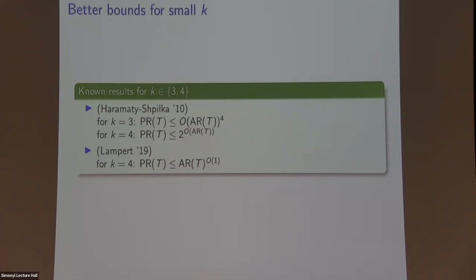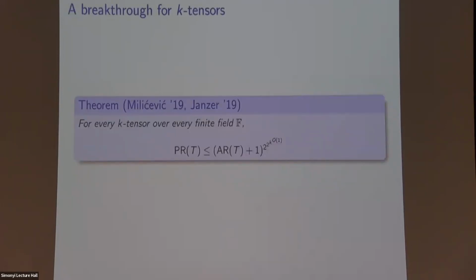But the big question remained, what happens for k tensors? Is there a polynomial bound of the partition rank in terms of the analytic rank for any k? That was the big question, and there were two breakthrough results by Moshkovitz and Zhu, and they indeed proved that.